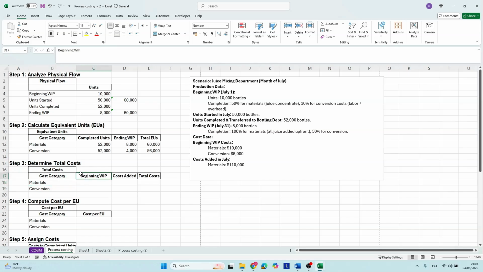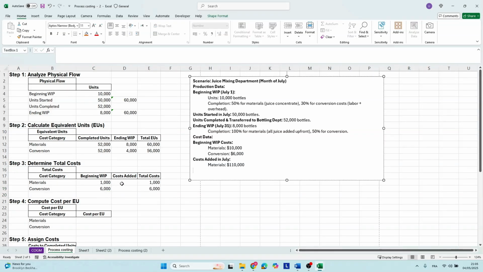Next, step number 3, we need to determine the total cost. And we have created a table: the beginning work in progress, cost added, and the total cost. So for beginning work in progress, for material we had 10,000, and for conversions, we had 6,000.